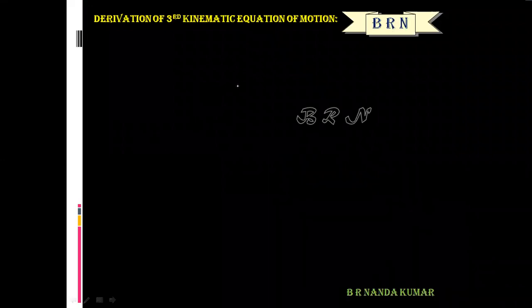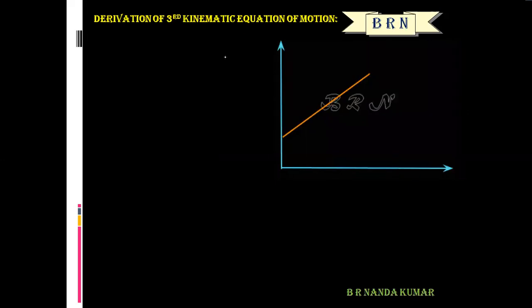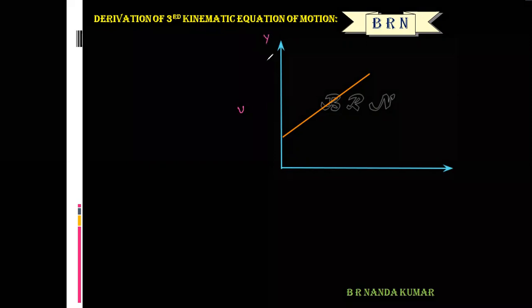In this class, we are going to discuss the next, very important, third kinematic equation of motion. So first, let us consider a v-t graph. What is the meaning of a v-t graph? A graph drawn by taking the velocity along the y-axis and time along the x-axis.